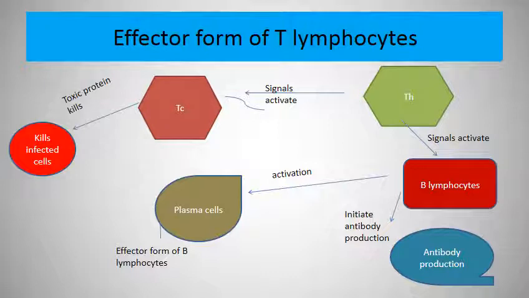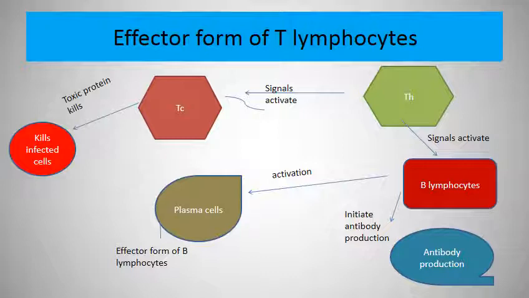Helper T cells can produce signals which activate these cytotoxic T cells, which in turn produce the toxic protein to kill the infected cells. So either they directly kill the cells, or some of the helper T cells produce signals which activate the cytotoxic cells to kill the infected cells.